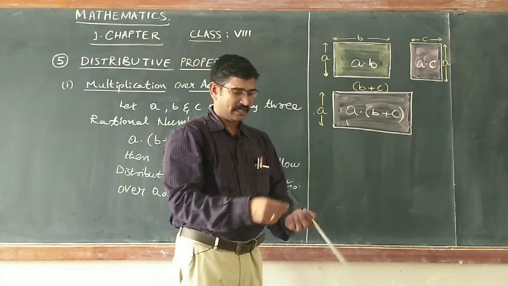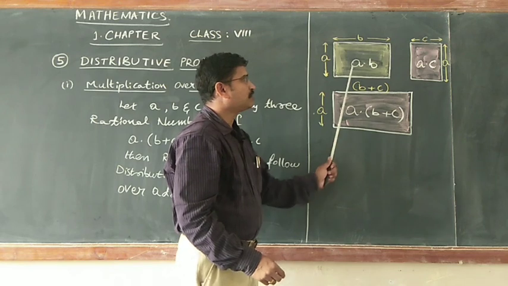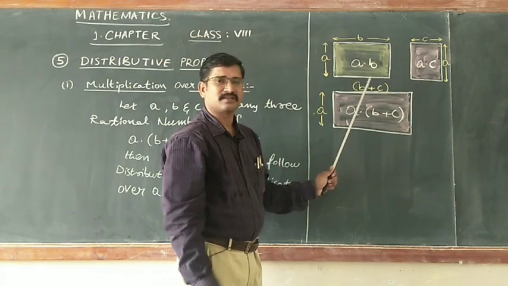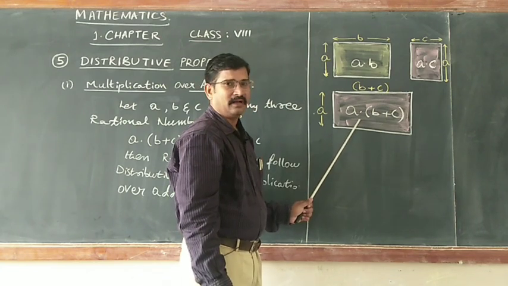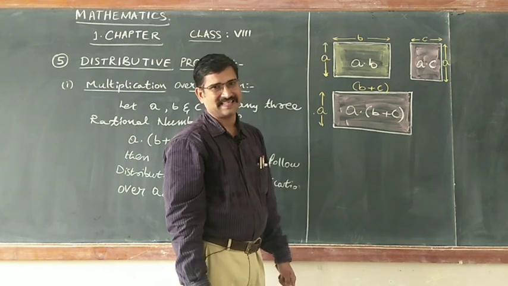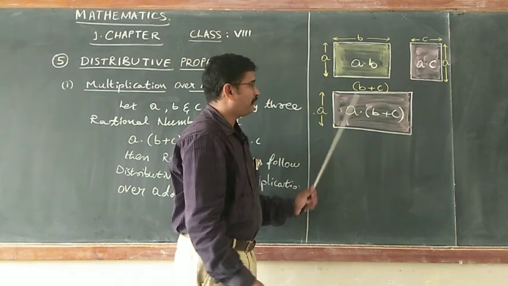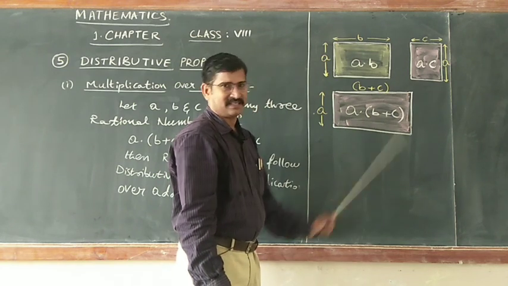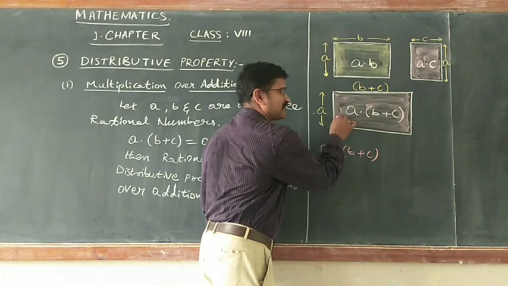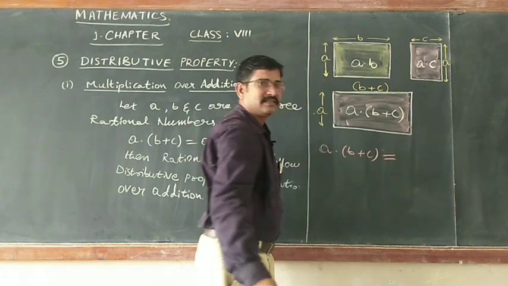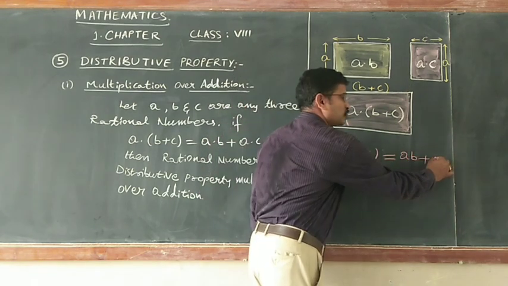Now, children, individually each piece has got a certain area, but when they are put together they give a new rectangle of area A into B plus C, A multiplied to the sum of B and C. So, the area of the whole is equal to the sum of the individual areas of these two pieces.